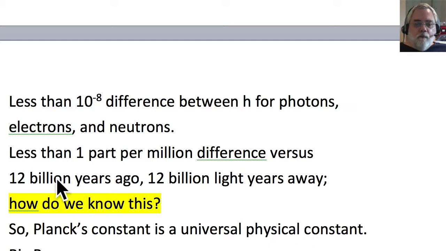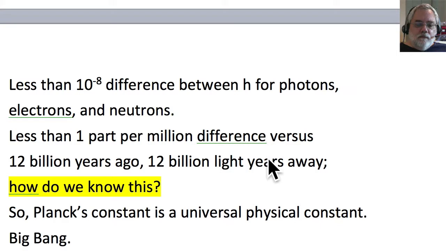We know it for most of the 13 point something billion years of our observable universe. Physicists believe that Planck's constant is unchanged since our Big Bang, but they only have evidence back 12 billion years ago. So 12 billion out of 13.6 billion. So it's a universal physical constant.